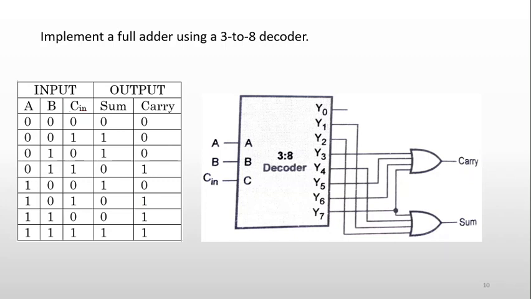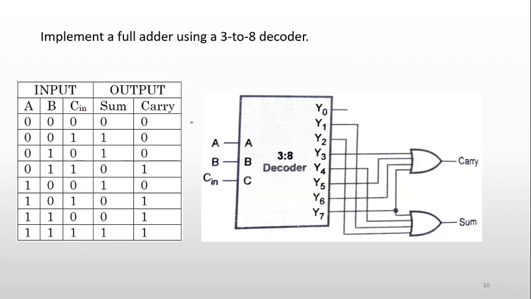When A is 1, B is 0 and C is 1, then sum is equal to 0 and carry equal to 1, that is 1 plus 1 in binary is nothing but 10. When A is 1 and B is 1 and C is 0, then sum is 0, carry is 1, and when A, B, C are 1, sum is 1 and carry is 1.